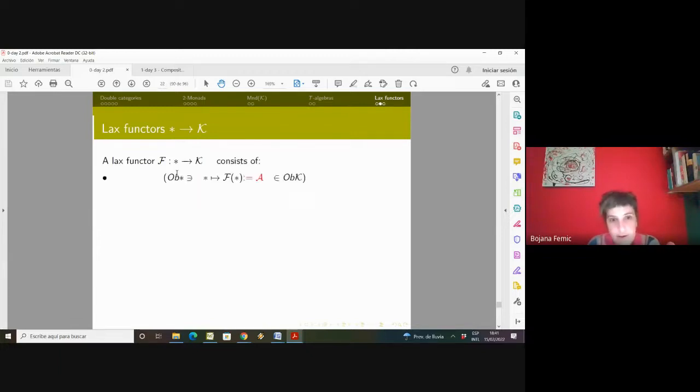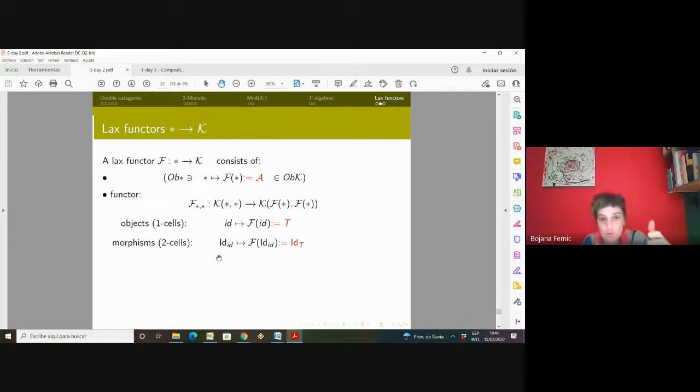Okay? So first we have this assignment, which to the unique object gives a zero cell, an object. So let us denote this unique image object by A. Then we have a family of functors, which now ends up being one and only one functor. And now to the one cell, and we have only one cell, it assigns the image one cell, let us denote it just by T. And to the only two cell, which is actually given by identity, it assigns identity.